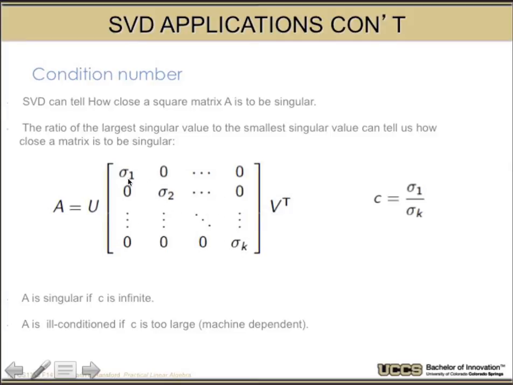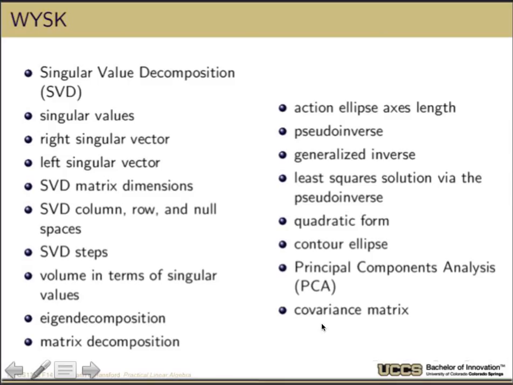If we think of the singular values as sorted from smallest to largest, I can define what's called the condition number of the matrix as the ratio of the largest singular value divided by the smallest singular value. If it's singular, the condition number would be infinite, so I can just look at it, and the matrix is ill-conditioned if that number is too large. We'll talk more about that next chapter, but I wanted to show it to you here.